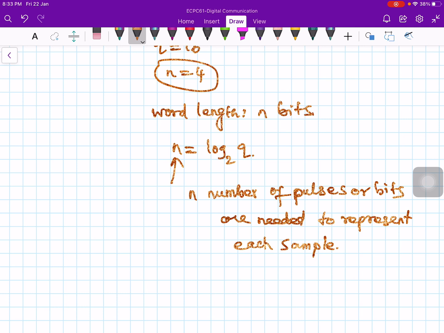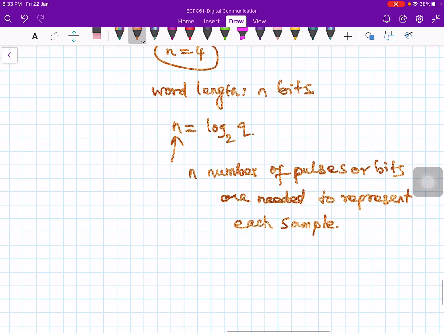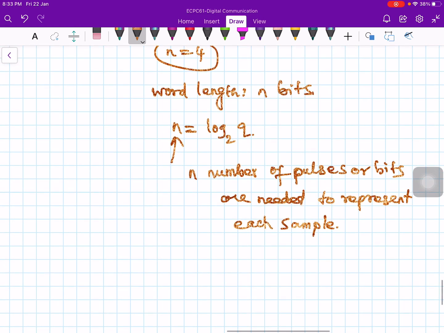Now the next question is, how many samples are you taking in a second? As per the Nyquist criterion, we need to take 2 times the maximum frequency component in the message signal.